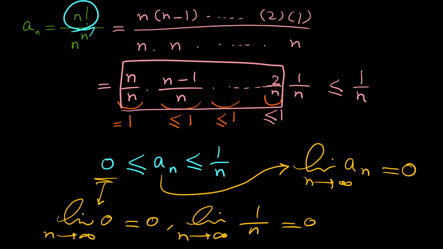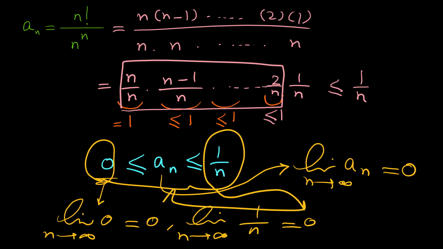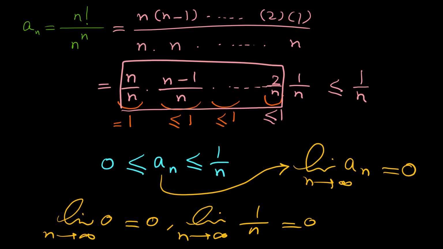This is based on the squeeze theorem or sandwich theorem. When the limit of the left side and the limit of the right side are the same, the limit of the middle term is also the same, because it is squeezed between those two limits. So again, for finding the limit of this sequence, we use the squeeze or sandwich theorem.